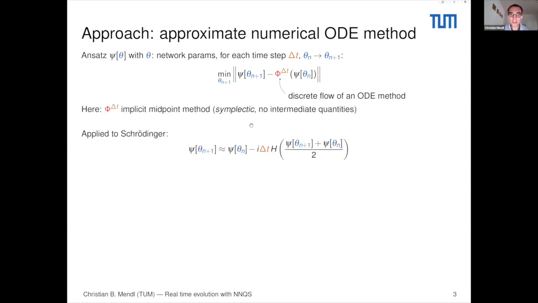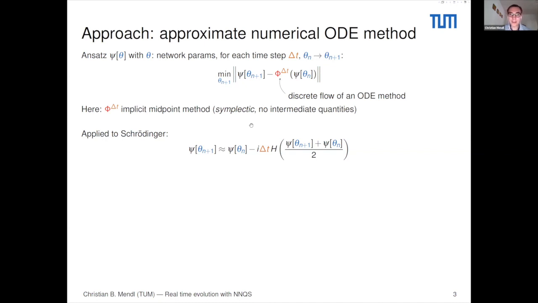Ideally, we just follow the flow of an ODE method. Specifically, here we consider the implicit midpoint method, which has two favorable properties. First of all, it's symplectic, so it is well adapted to Hamiltonian systems. And from a practical side, there are no intermediate quantities appearing, which makes the computations simpler in practice.